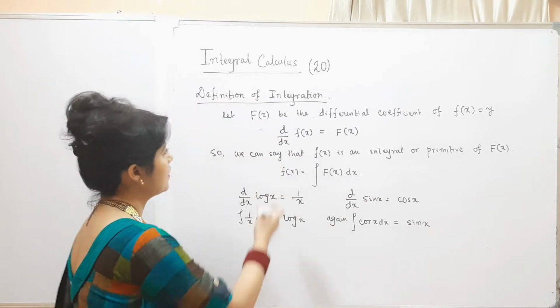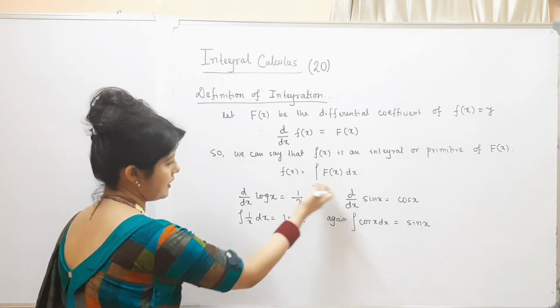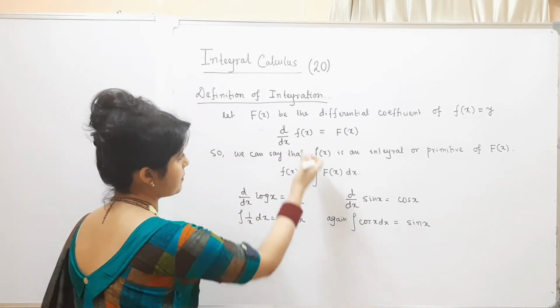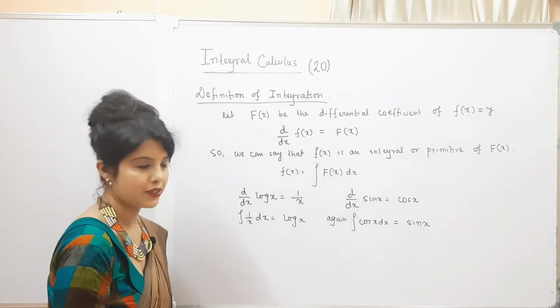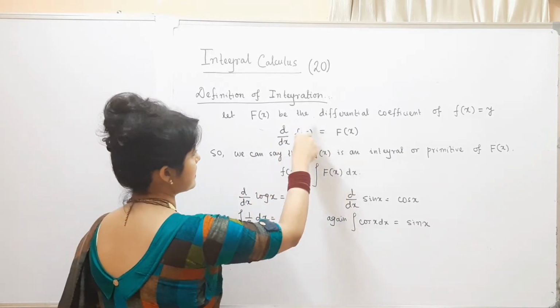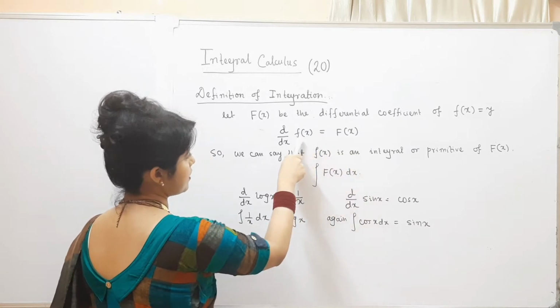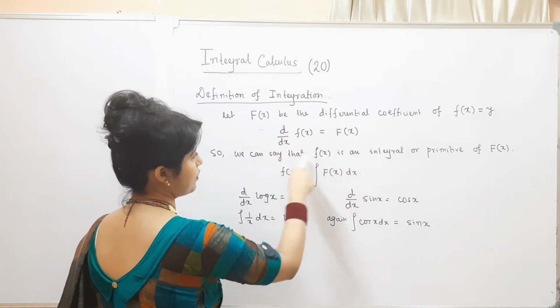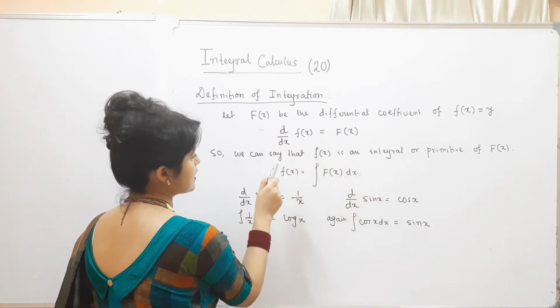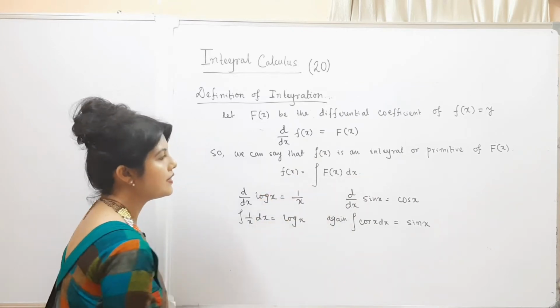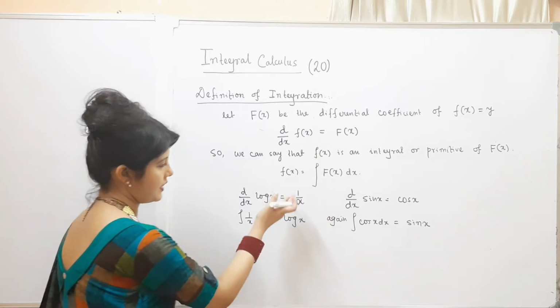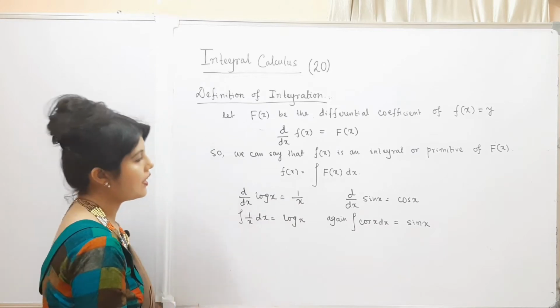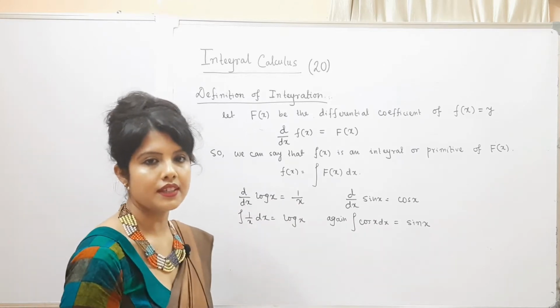These are the examples of this definition. If capital F of x is the differential coefficient of small f of x, then you can write this, and therefore small f of x is the integral of capital F of x. So this is the basic definition of integration.